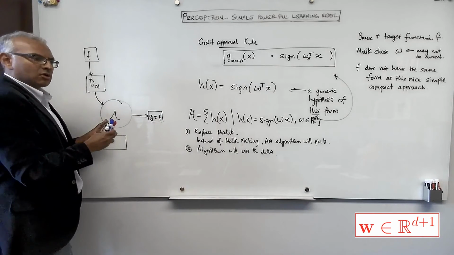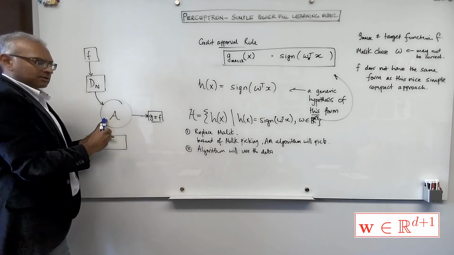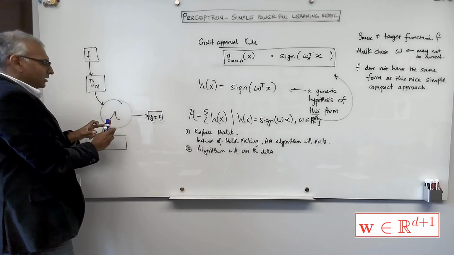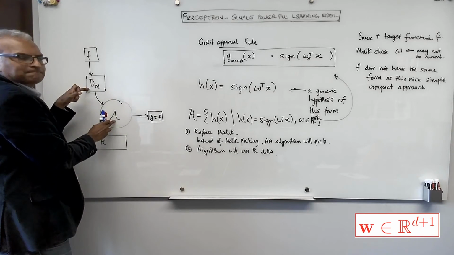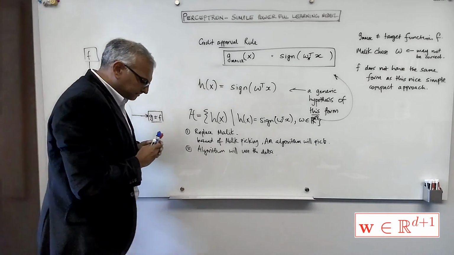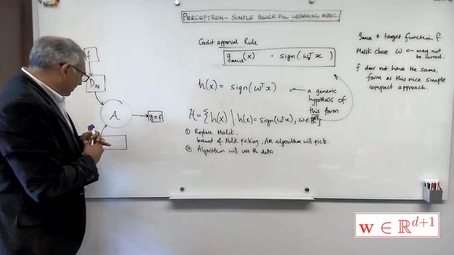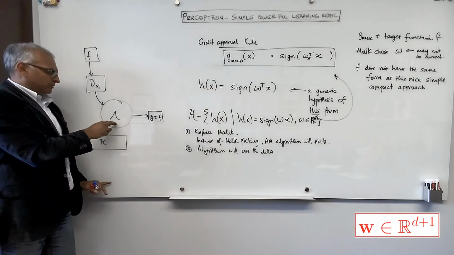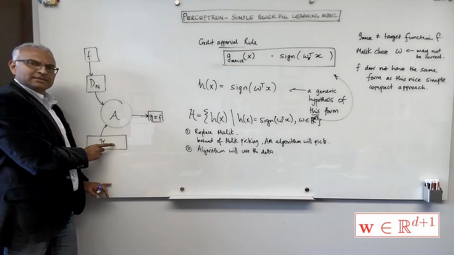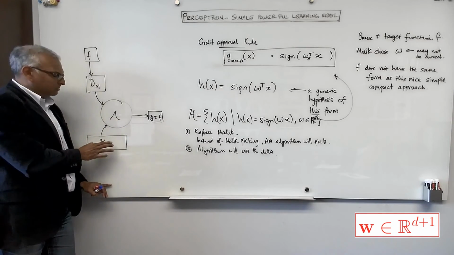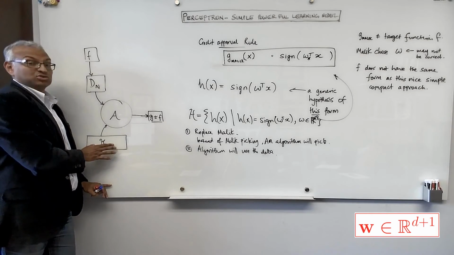And we're going to now figure out how to do that without Malik, but replacing Malik with algorithm plus data. Now, what does our algorithm have to do? The algorithm has to pick, just like Malik did. Although it didn't appear that Malik was picking a hypothesis, he actually was.